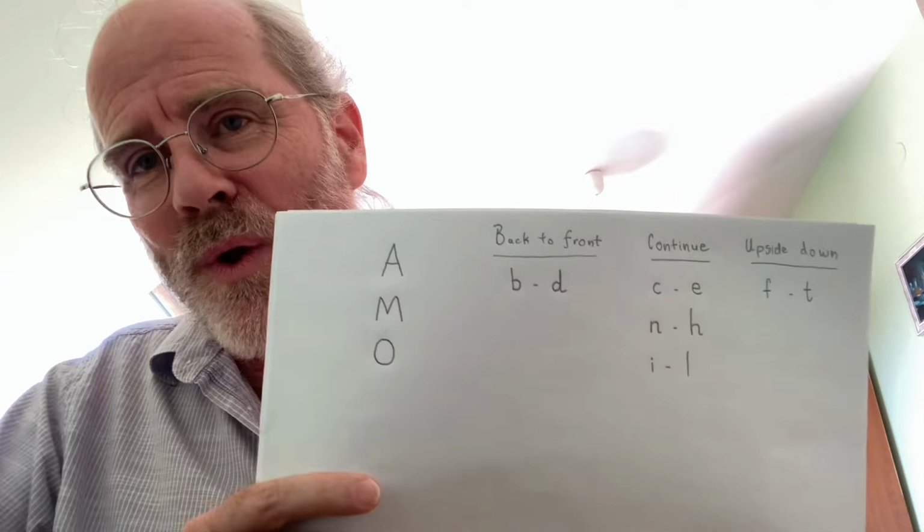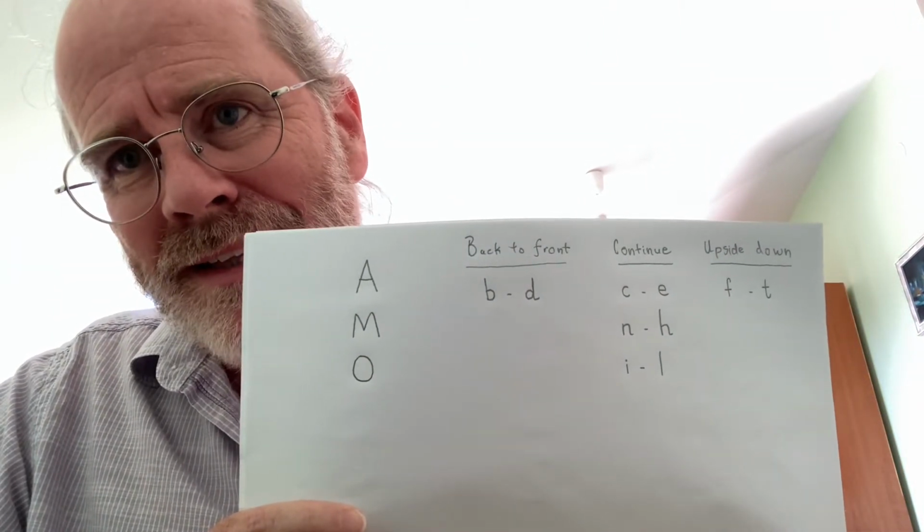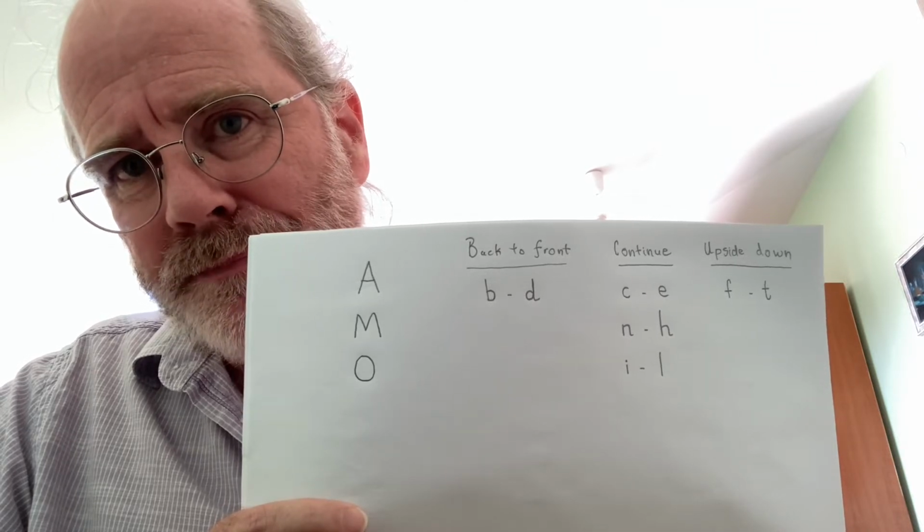Similarly, I and L. Again, we just lengthen the line, continue the letter. And in fact, a capital I is almost the same as the lowercase letter L. And I think that's for a reason.